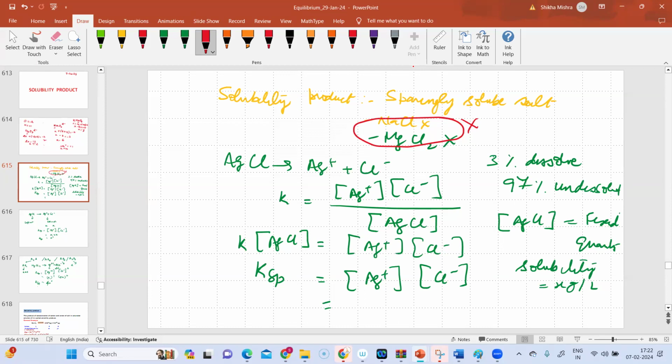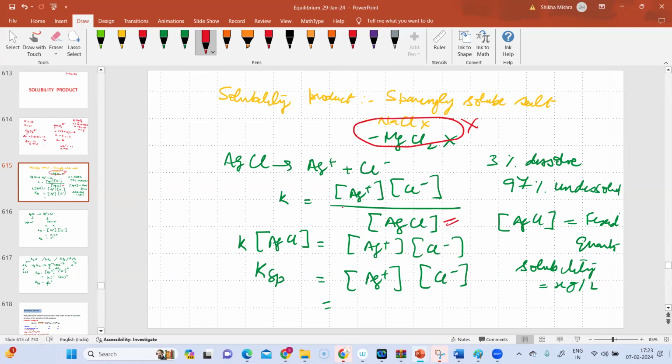So silver chloride will dissociate to give us silver and chloride ions. If I write the expression for K or Ksp, what do we get? K is equal to concentration of product upon reactant, right? Then we say the concentration of silver chloride written here will be a constant because it's a weak electrolyte.